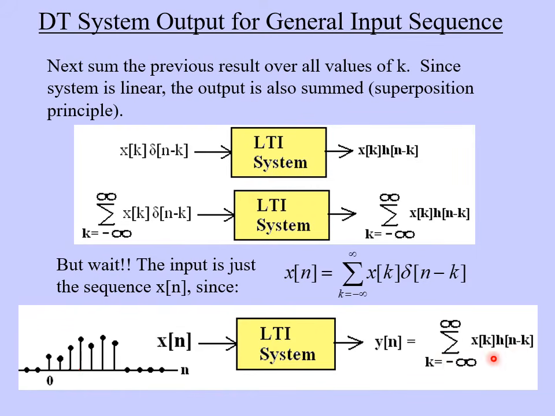I know this is not super clear yet, but this is a formula for how to calculate the output of any system if we know the input x of n, which has to be given, and we also know the impulse response, h of n. If we know those two things, we can do this summation and figure out what the output of the system is.